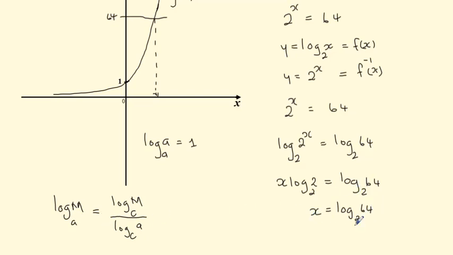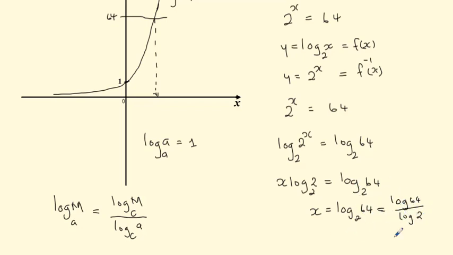Since on the calculator we're given base 10 and the natural base e, we can simply find the actual value in decimal notation by calculating log base 10 of 64 over log base 10 of 2. Then we get that. You can try this.